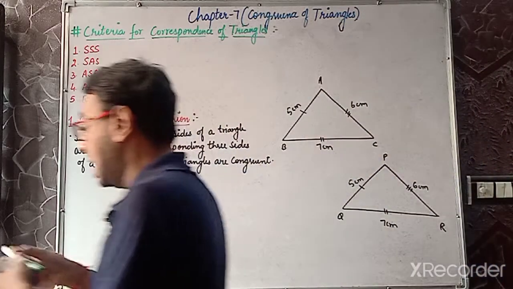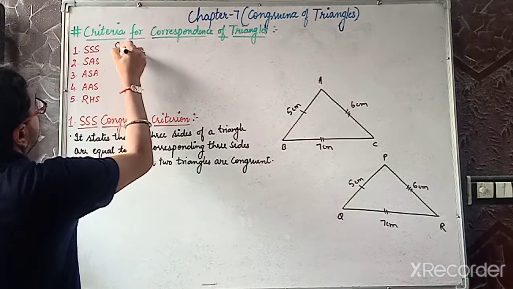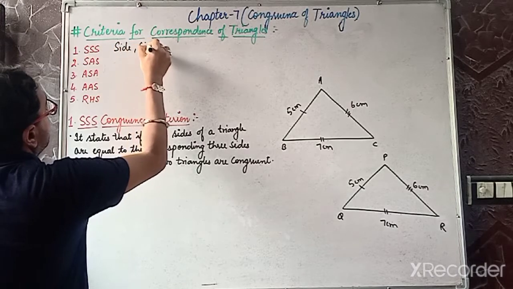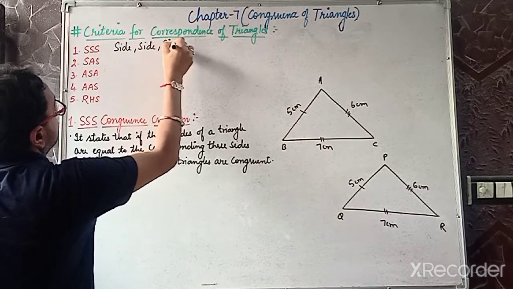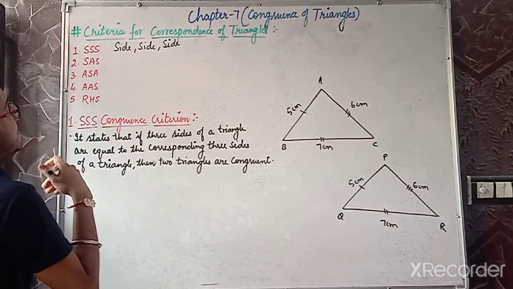Understand, first is SSS. What do you mean by S? S stands for side. It means we'll be considering side, side, side of two triangles only. We will not consider the angles, we will consider the sides only. Next is SAS.